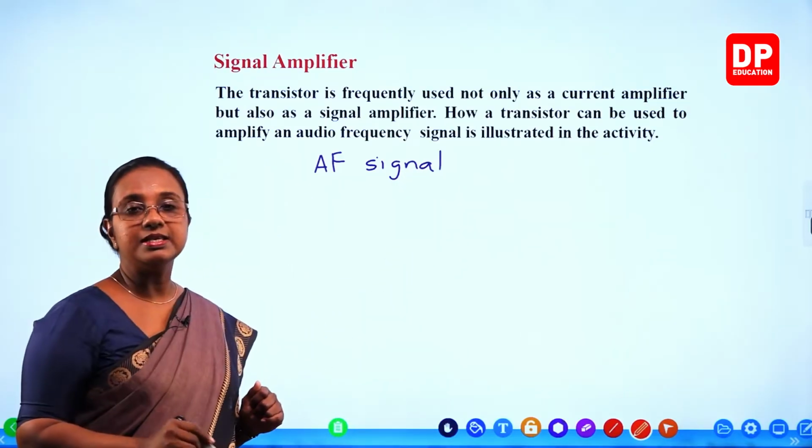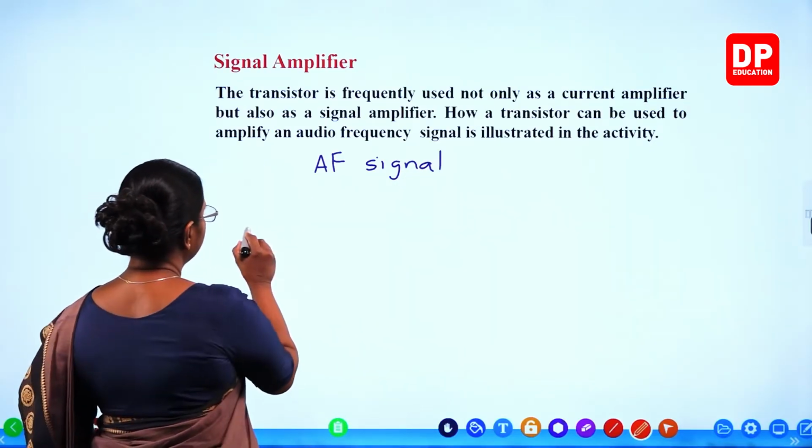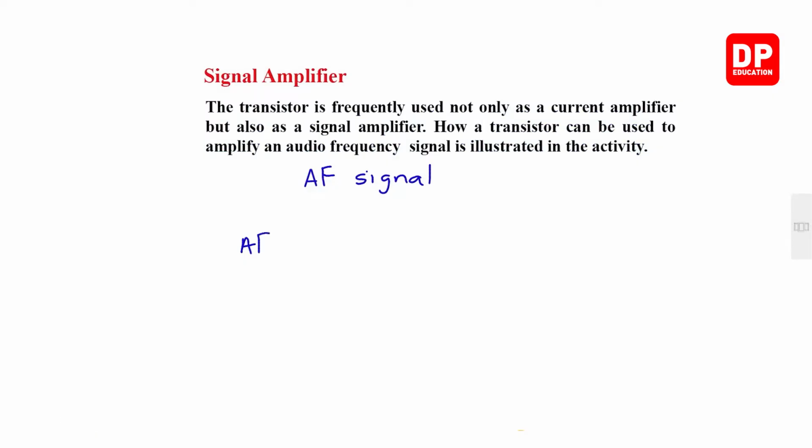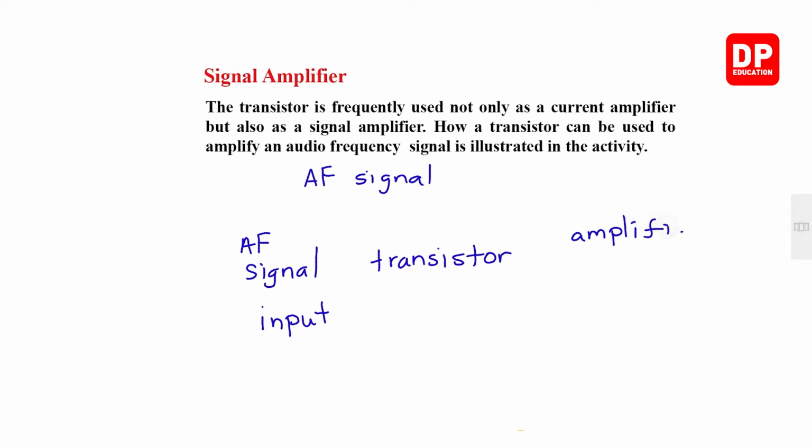Again, we give the audio frequency signal as the input to the transistor. So you will get an amplified audio frequency signal as the output.